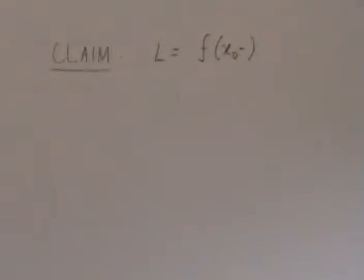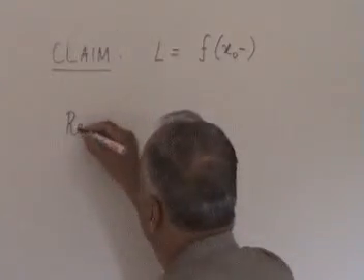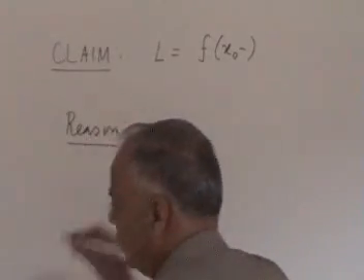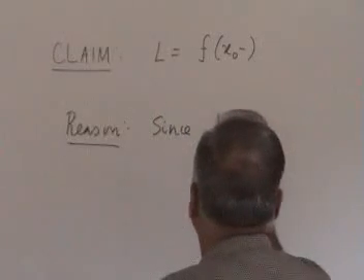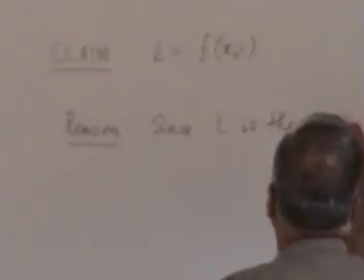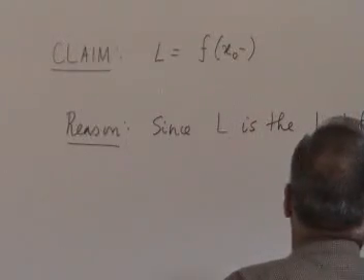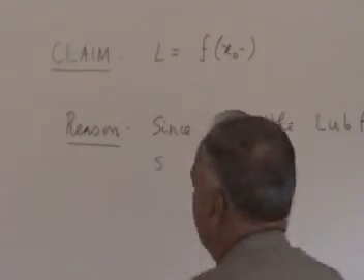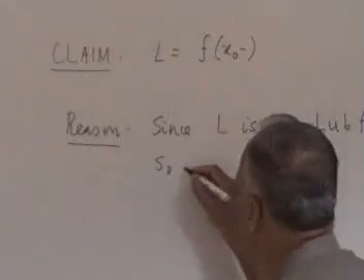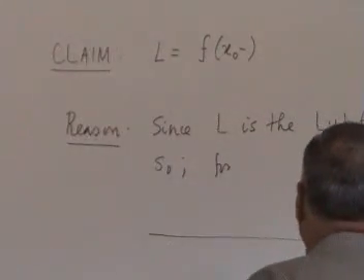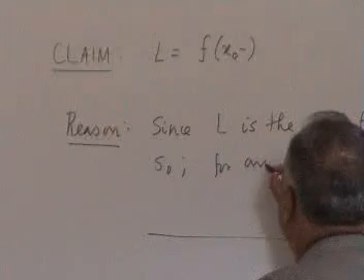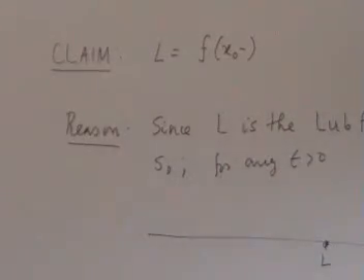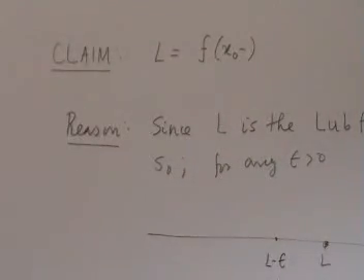First of all, since L is the least upper bound for the set S naught, if we take any epsilon positive and look at L minus epsilon, what will happen?